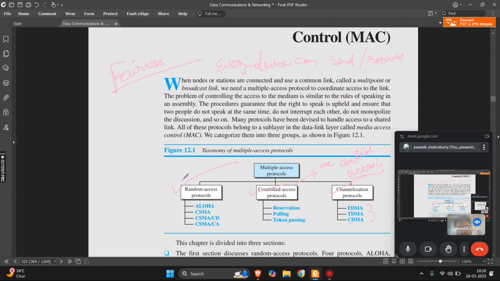Whereas the most basic multiple access protocols are random access protocols, where one user randomly gets selected to transmit the data for a particular time frame, and then another user is randomly selected to send the data.